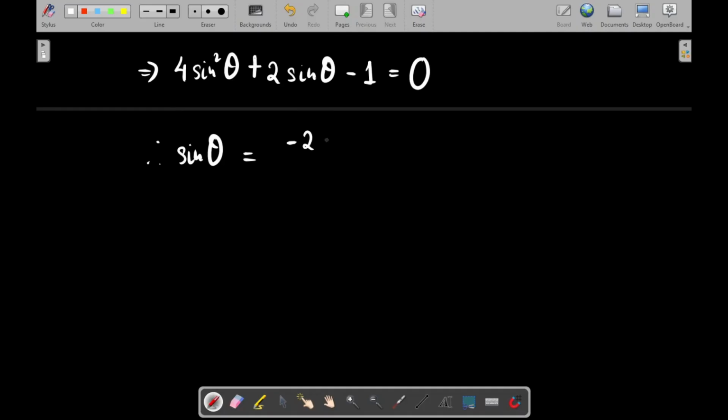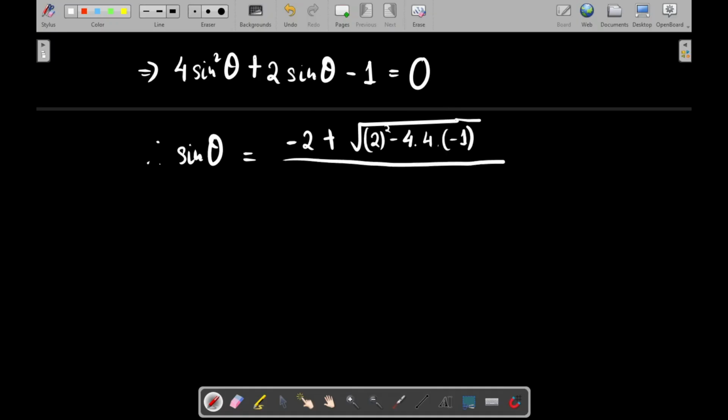Sin theta equals minus 2 plus the square root of b square, that is 2 square, minus 4 times a, which is 4, again, and c is minus 1, upon 2a, that is 2 times 4. So this will give us minus 2 plus root of 4 plus 16, since 4 times 4 times minus 1 becomes plus 16.